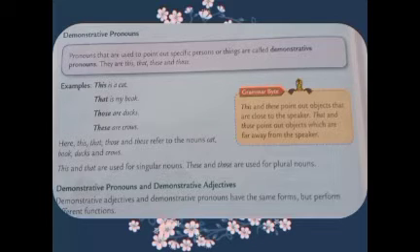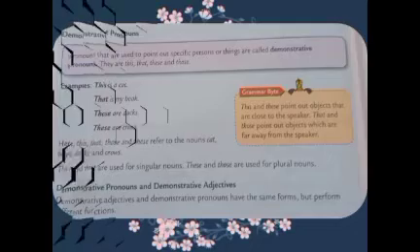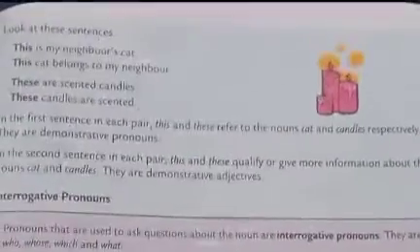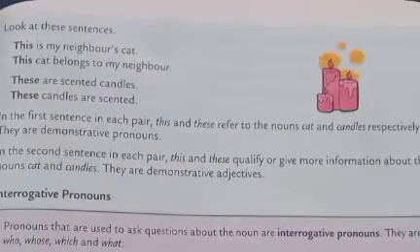I will tell you. Look here. This is my neighbor's cat. In this sentence, we are saying that some cat is our neighbor's cat. This cat belongs to my neighbor. Here we used the noun just after the demonstrative word, which is "this".